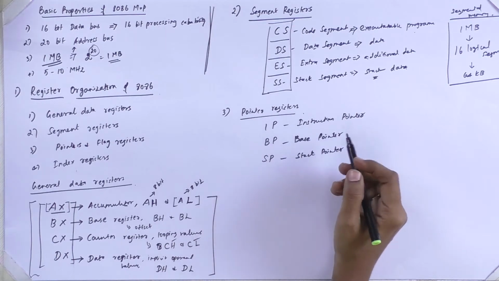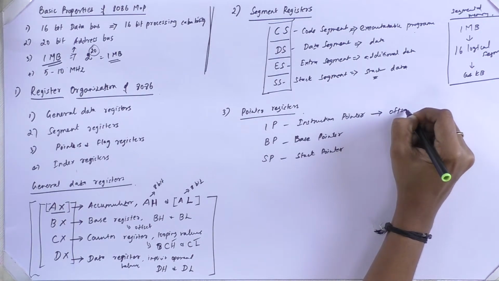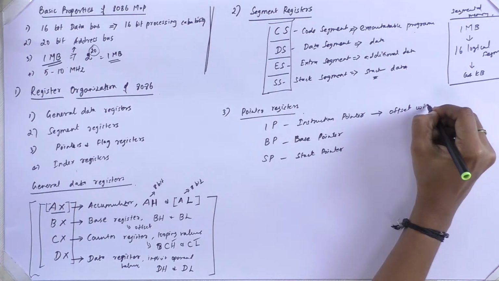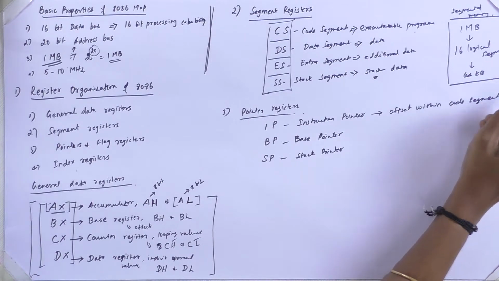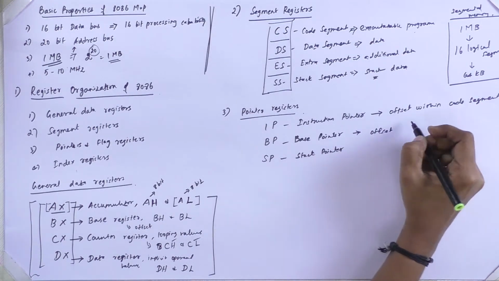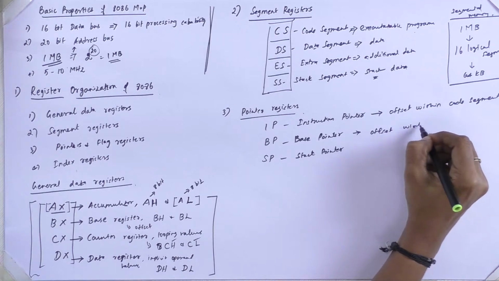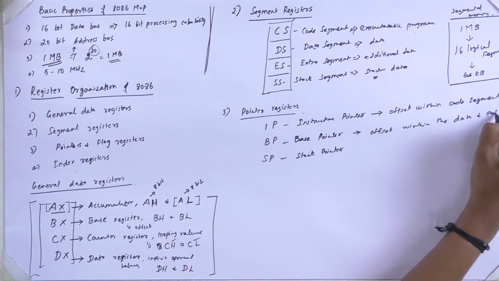This instruction pointer contains the offset within the code segment. Base pointer contains the offset address within the data and extra segment.